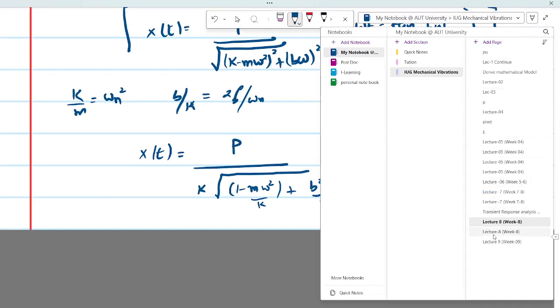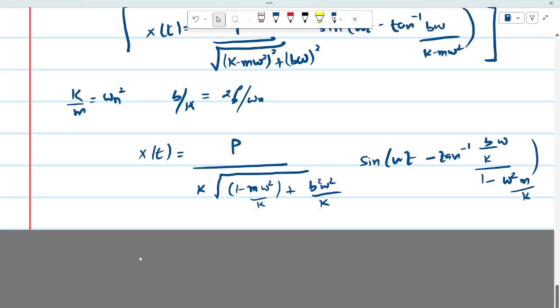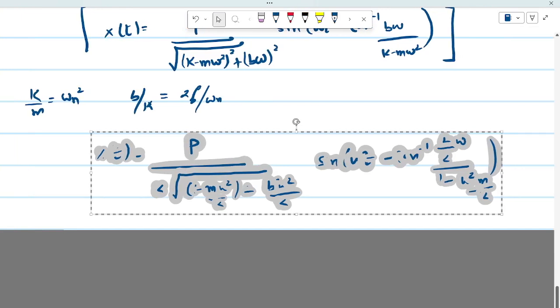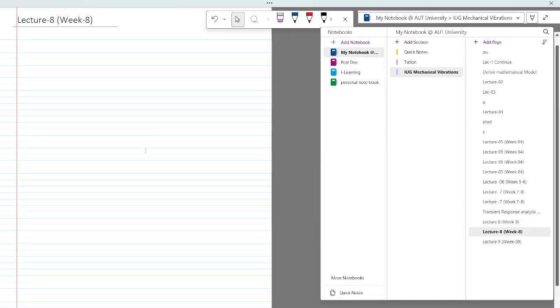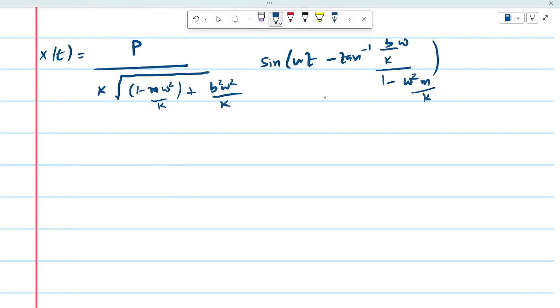Let's go to the next page. We can further simplify this.